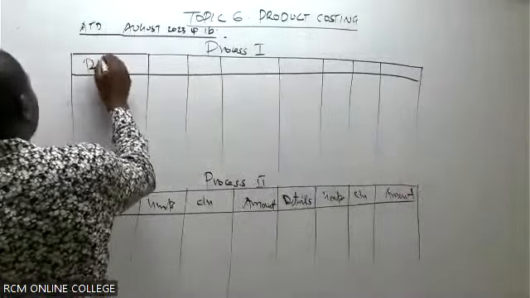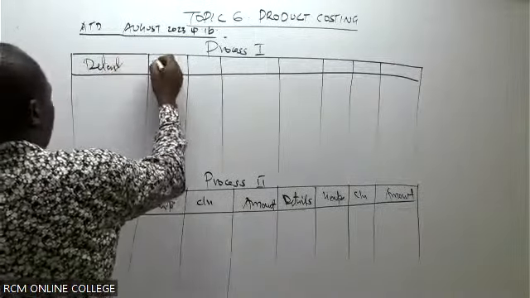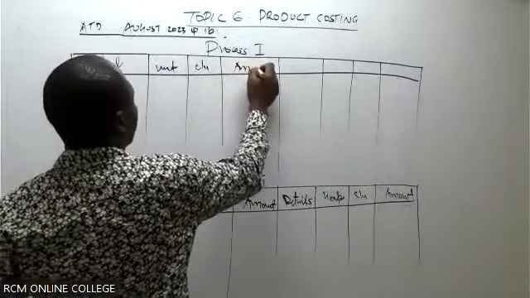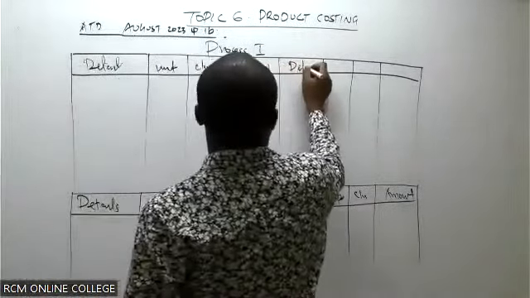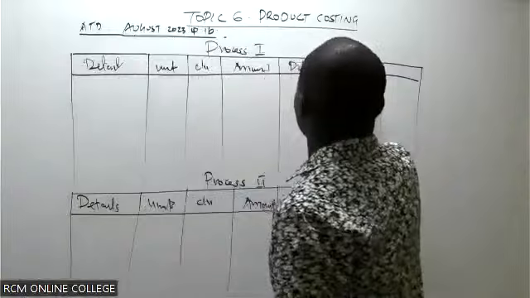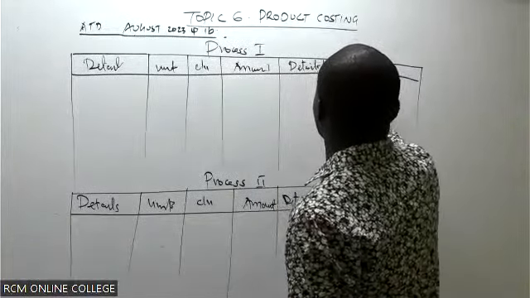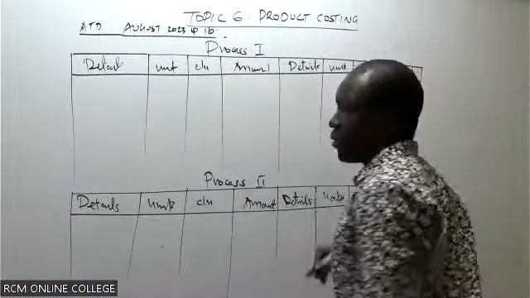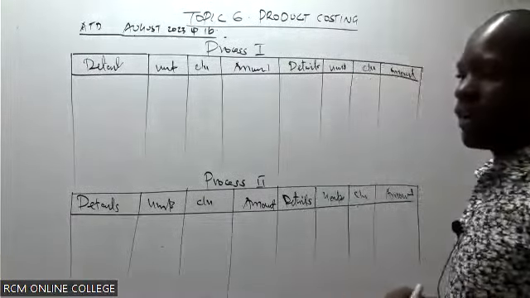So we have details, units, cost per unit, then amount. Details, units, cost per unit, then amount.